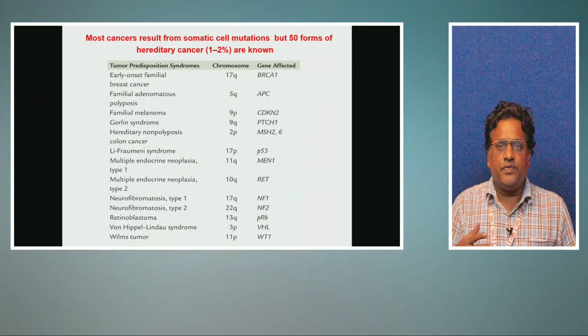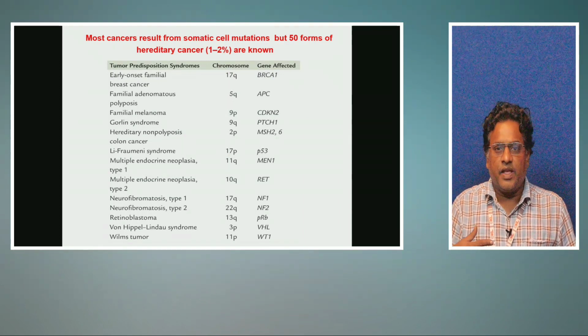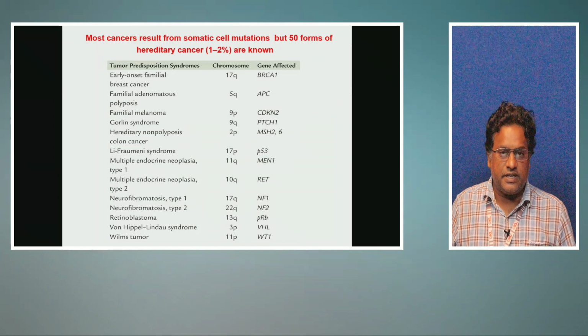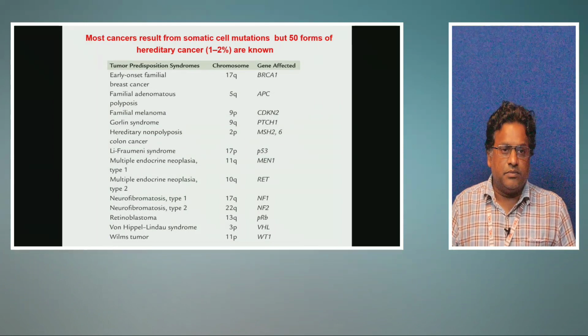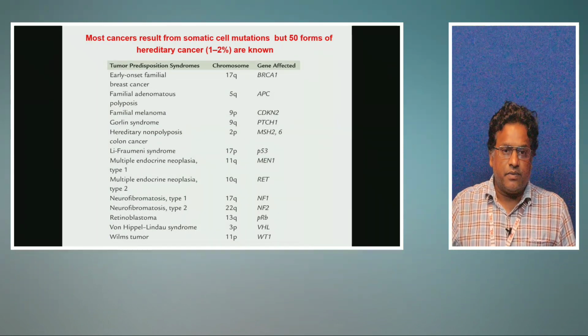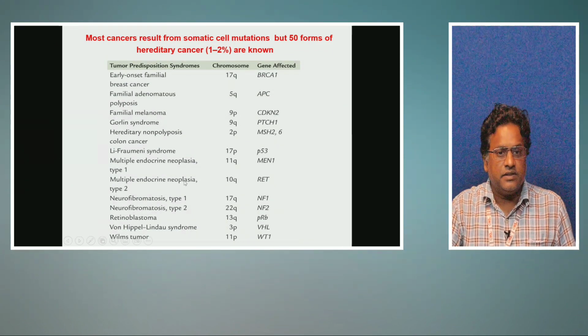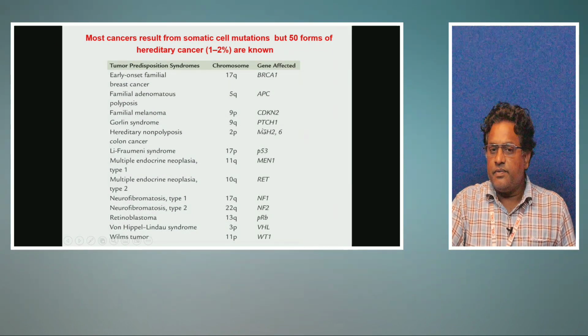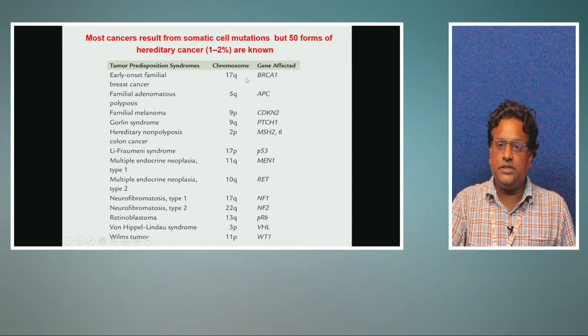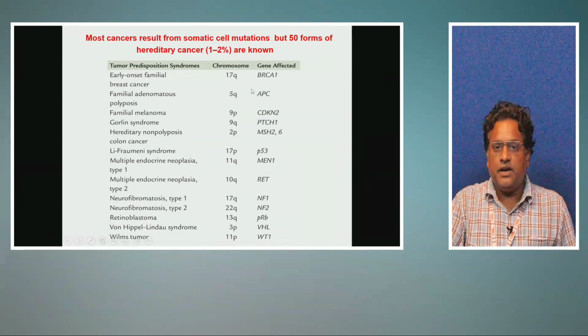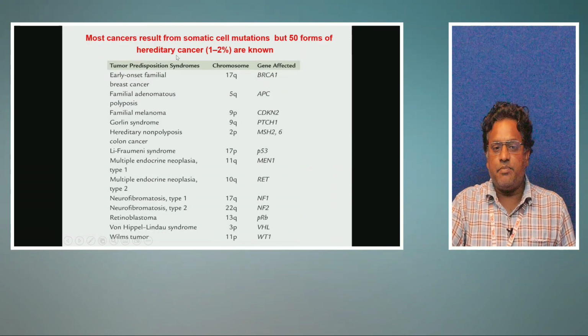For example, if BRCA1 is mutated, you'll find breast cancer; APC, polyposis; and RET, endocrine neoplasia. These genes have been marked for different types of diseases. If such a mutation happens, it causes a certain kind of tumor.